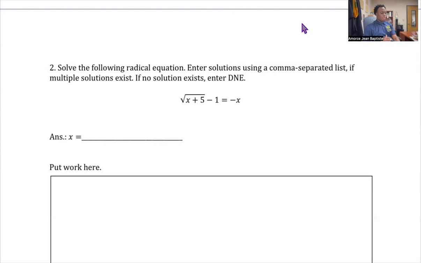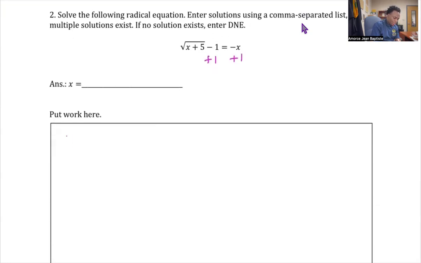This next example will be about the same thing. But the one thing that we want here is to make sure that the radical part is isolated. So we're going to add 1 on both sides. So we would have the square root of x plus 5 equals 1 minus x.